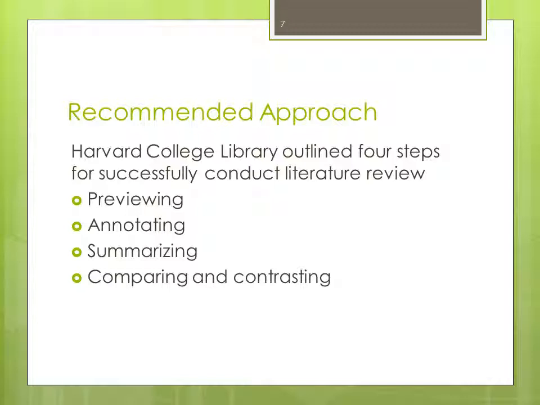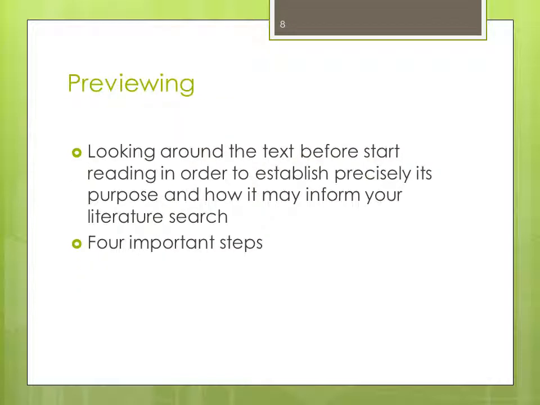We're going to discuss each one of them in detail in the next couple of slides. So previewing means looking around the text before starting reading, in order to establish precisely its purpose and how it may inform you as a researcher in the literature review.